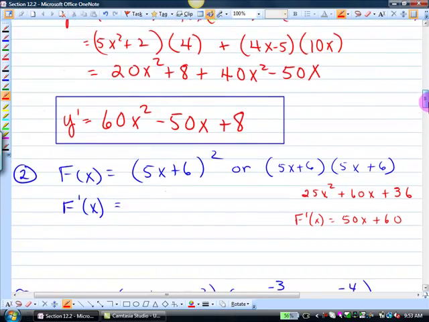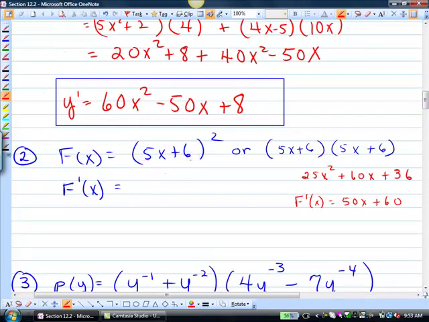All right. For number 2, (5x plus 6) squared. You want to think of that as (5x plus 6) times (5x plus 6). And so I did that over here where I went ahead and multiplied those out. That's just using FOIL. Or you can use that shortcut. Anybody ever use the shortcut to square a binomial? What I tell my college algebra kiddos: square the first term, and to get the middle term, it's the product times 2.